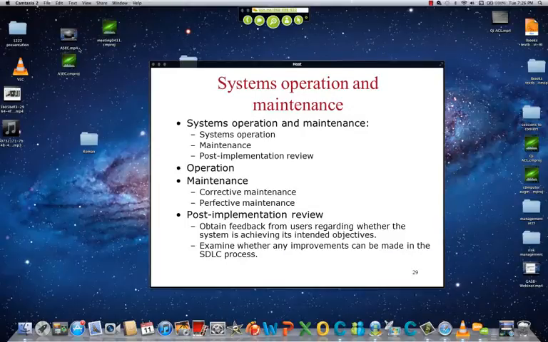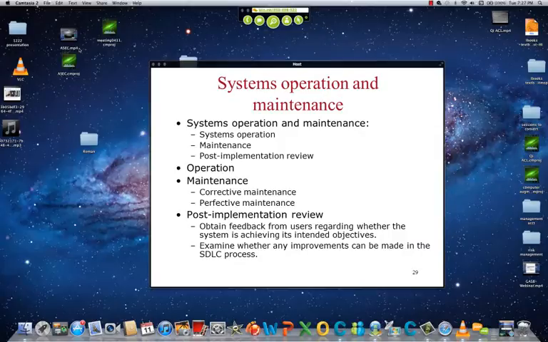Once your system operates and there are no problems with operating, and corrective and perfective maintenance were performed, now you would like to get some knowledge about the whole process. You would like to get knowledge about this development process, and also about the system. Naturally, if you implement something new and it works, managers would ask: does this system really deliver what was promised?